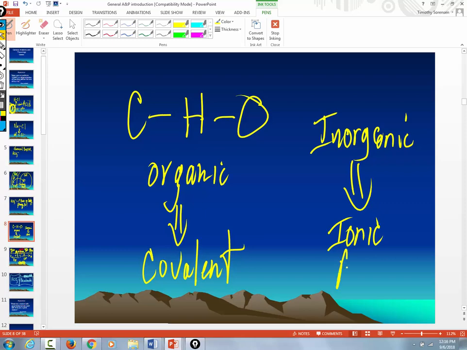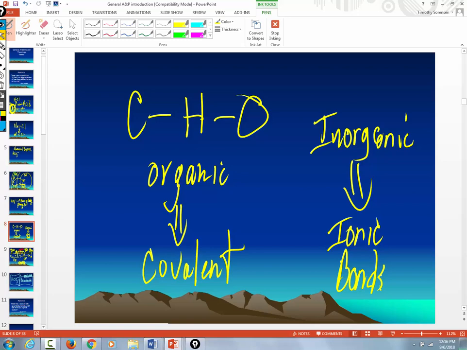Ionic bonds. And are ionic bonds weak or strong? They're weak. And you learned that when ionically bonded compounds get dissolved in bodily fluids, the water breaks those bonds apart. And when it breaks it apart, it forms ions.